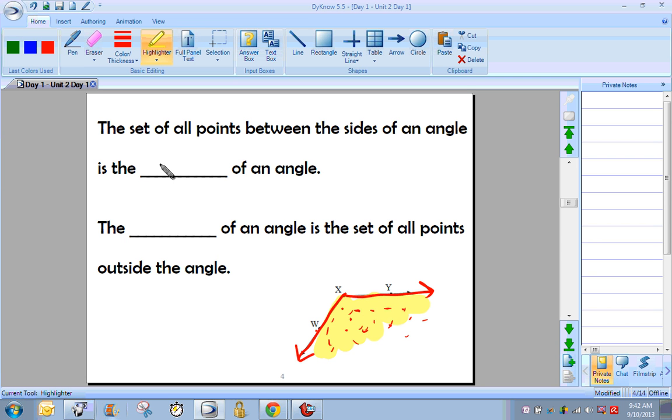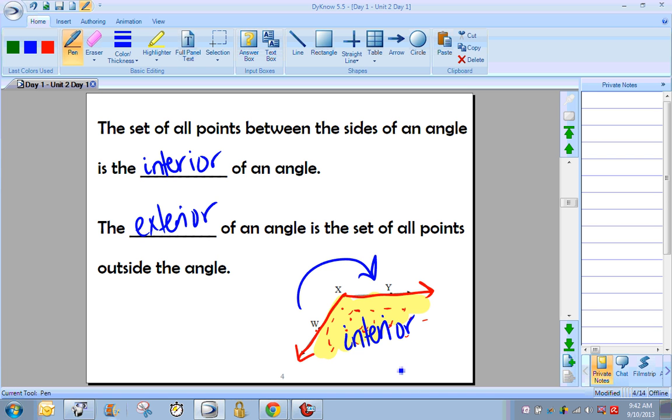All of these points we're going to call the interior. Okay, meaning the inside. That is the interior. So, if that's the interior, then what do you think the outside is going to be called? Exterior. Okay, so all the points outside the angle, exterior, all the points inside, interior. Okay, moving on.